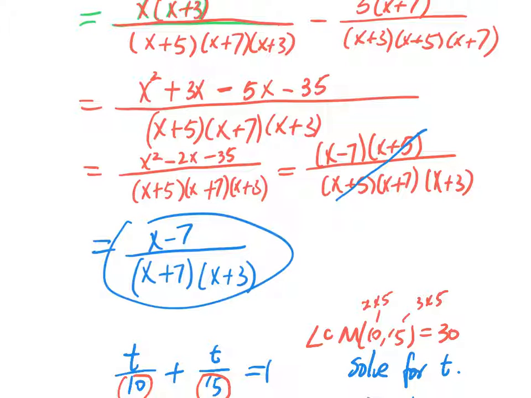So you have 3 times 2 times 5, which is 30. So we'll multiply by 30 on both sides, and multiply 30 to everything. Okay, so step 2, yeah, there's step 1, sorry.